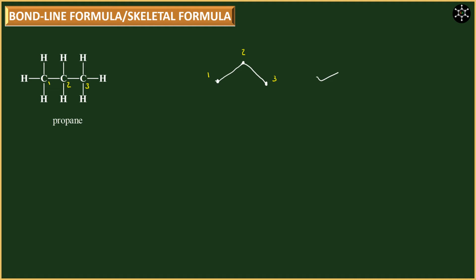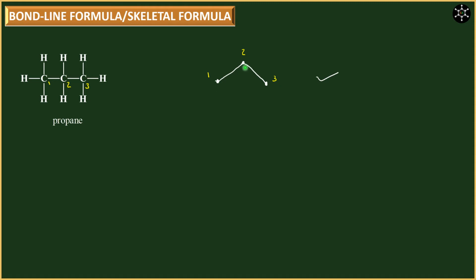Observe. 3 dots indicates the presence of 3 carbon atoms. On dot number 1, we have written 1 line. Since we know that carbon valency is 4, it is taken for granted that the remaining 3 lines are with hydrogen, or this carbon is attached to 3 hydrogen atoms.